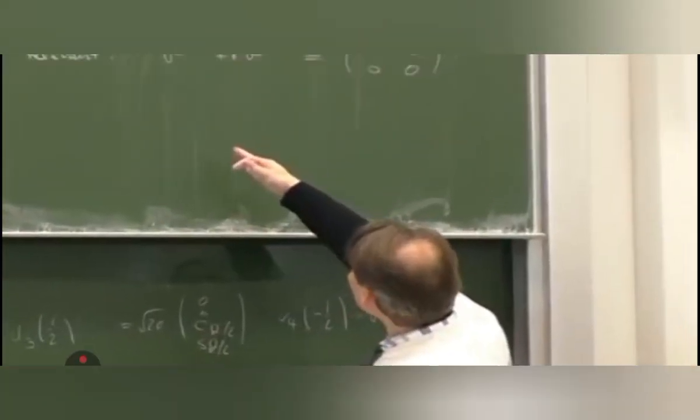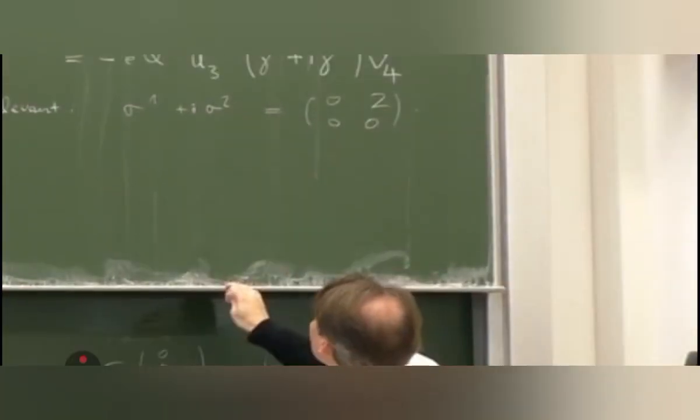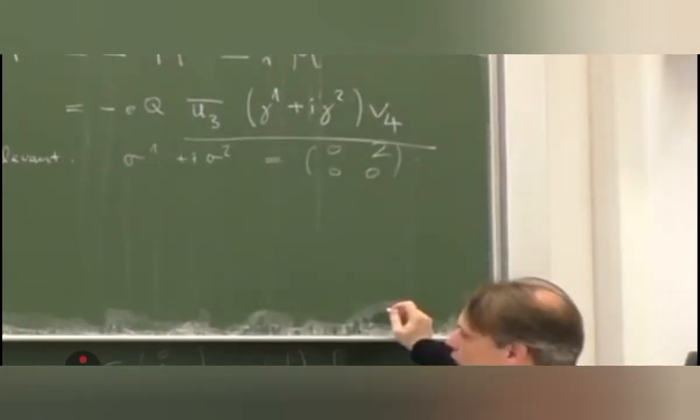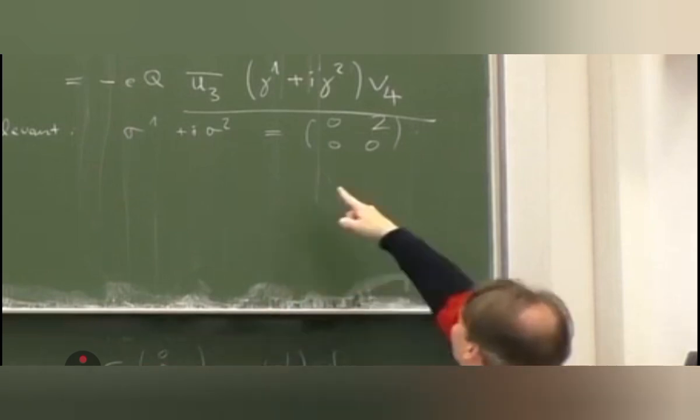So and I think let me remove the blackboard and let's evaluate it explicitly for the two cases of the two different spins. What are we going to do? We evaluate exactly this expression here, explicitly plugging in the result for the muon spinors u3 and v4, which I deleted.